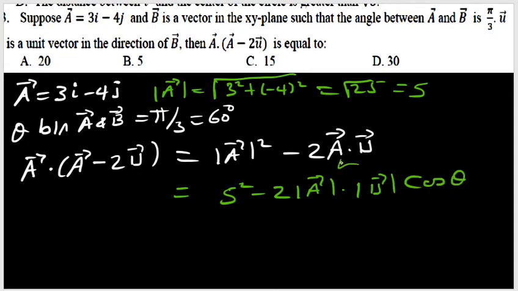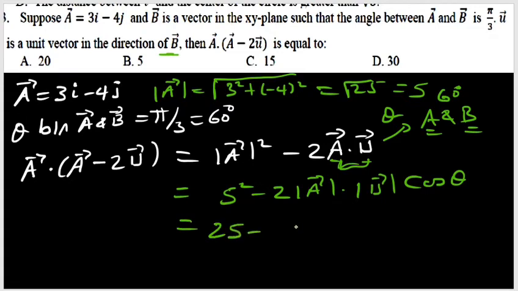But the angle between a and u is the same as the angle between a and b, since u is in the same direction as b. The angle between a and b is already given as 60 degrees, so here we can use 60 degrees. So 5 squared is 25 minus 2 times magnitude of a, which is 5, and the magnitude of u is 1 since it is a unit vector, times cosine of 60 degrees.